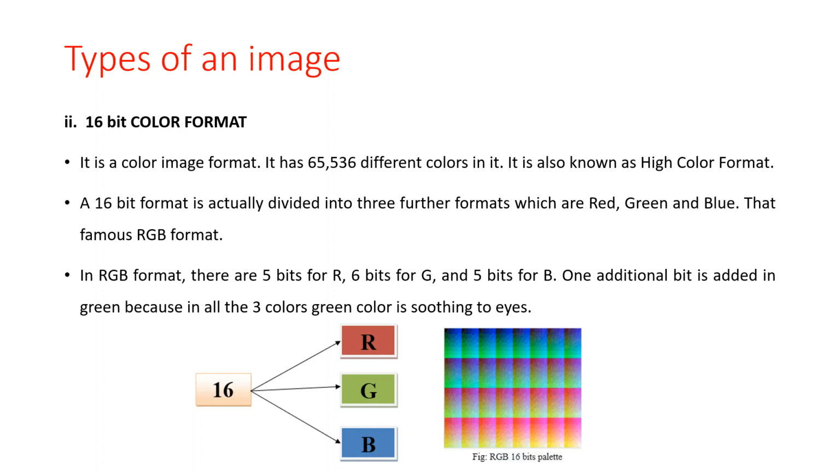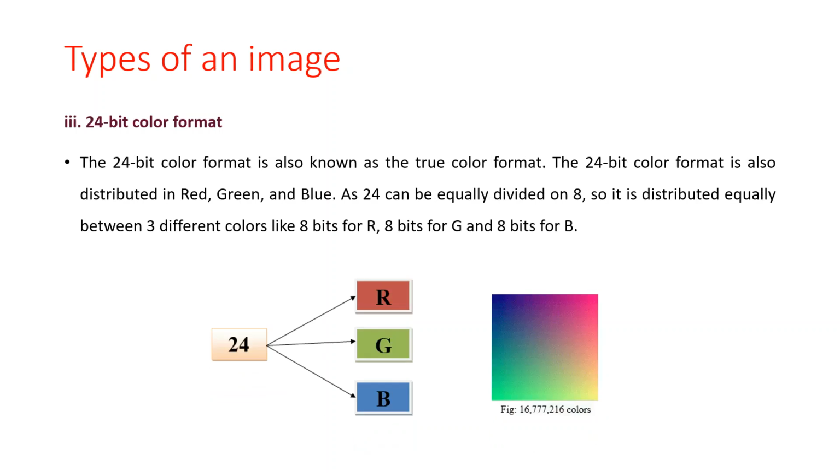Then the last type of color format is the 24-bit color format. The 24-bit color format is also known as the true color format. The 24-bit color format is also distributed in red, green and blue.